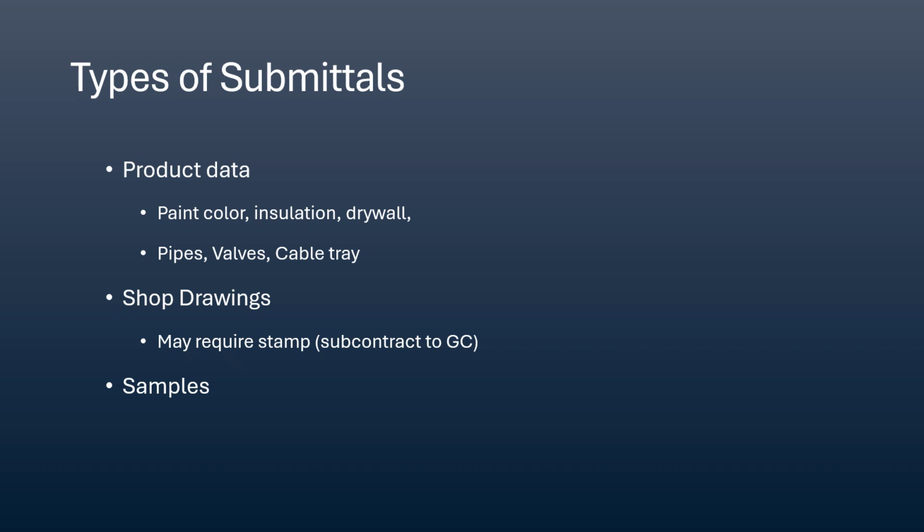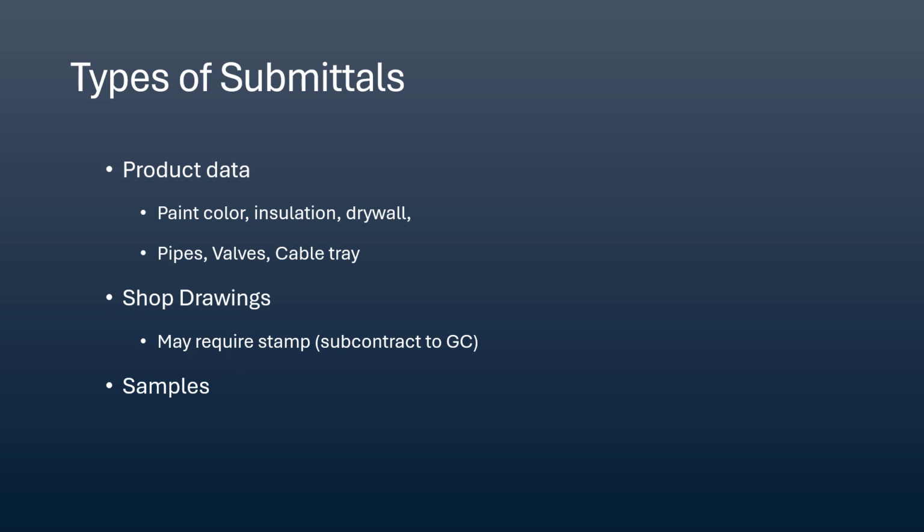And the last type is a sample. This is a physical sample of a product that the architect will inspect in person before you can purchase it. And so if any of you have worked with GFRC panels, which is glass fiber reinforced concrete panels, architects will want to test the waterproofing and how it reacts to rain and water penetration.